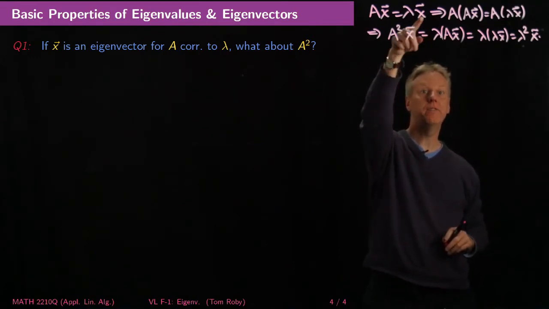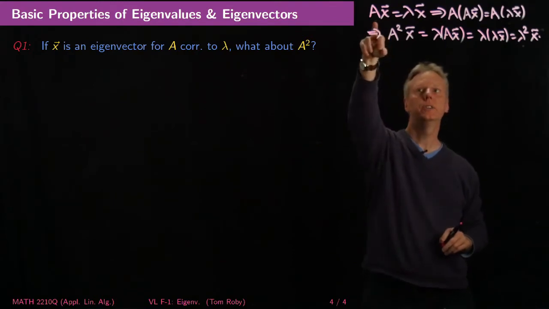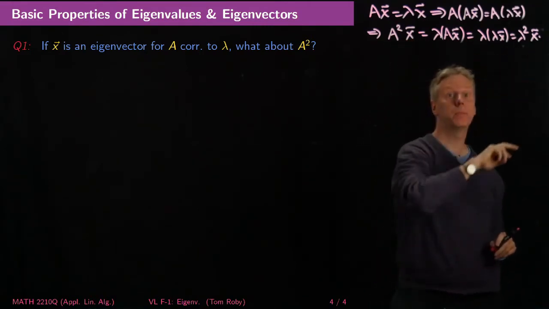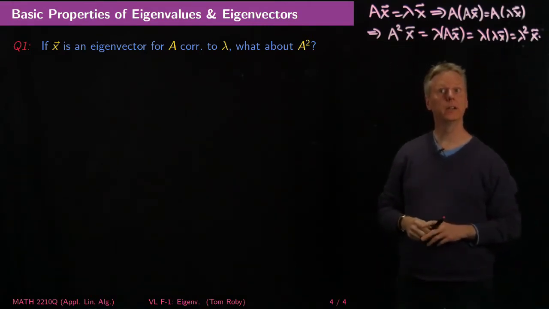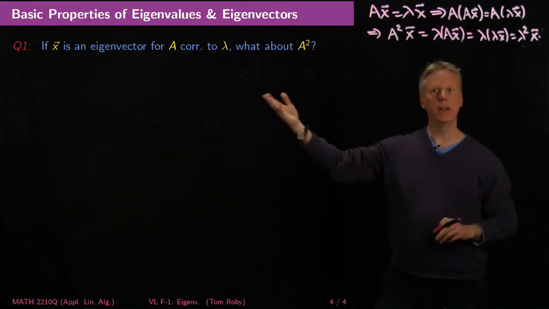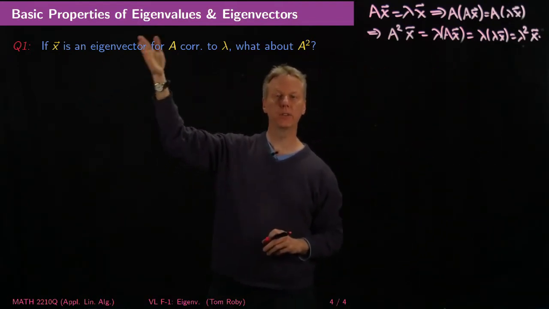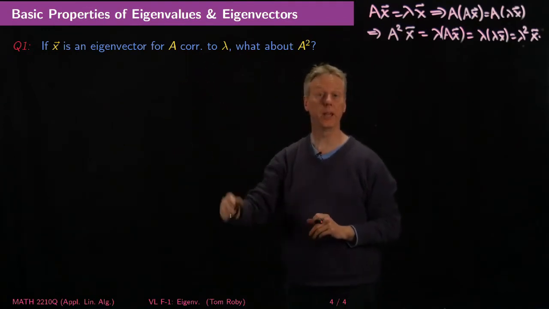And in fact, the eigenvector is the same vector, right? So the vector that told me that Ax equals lambda x is the same vector that told me that A squared x equals lambda squared x. So if x is an eigenvector for A corresponding to lambda, then x is also an eigenvector for A squared corresponding to lambda squared.